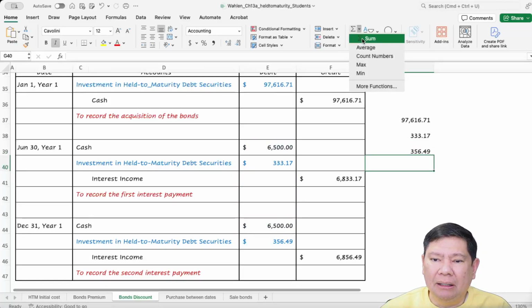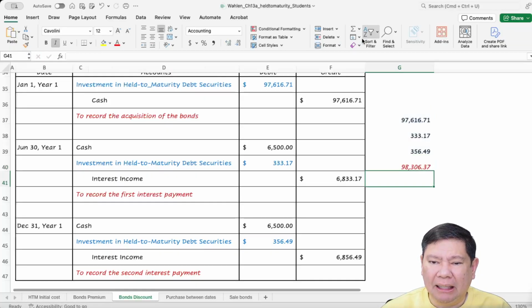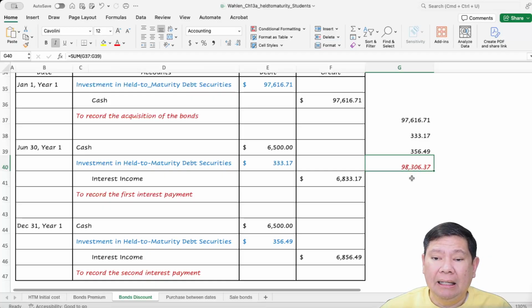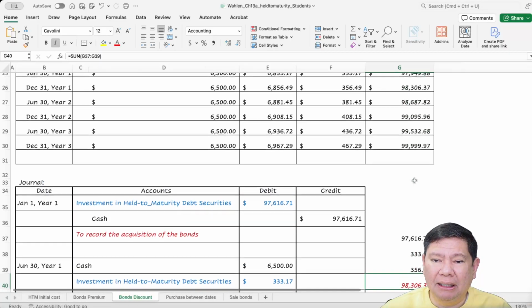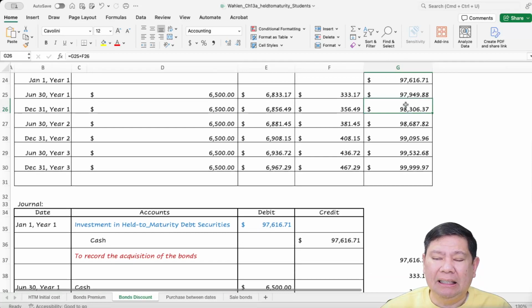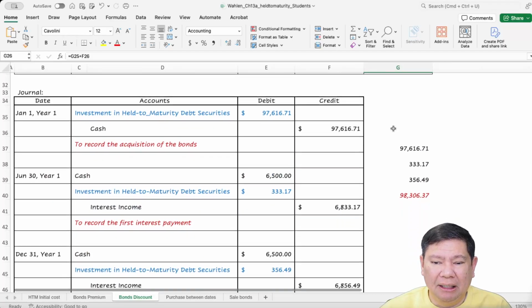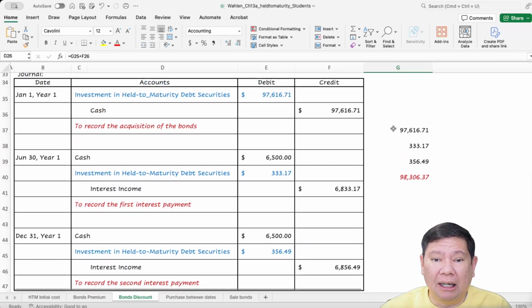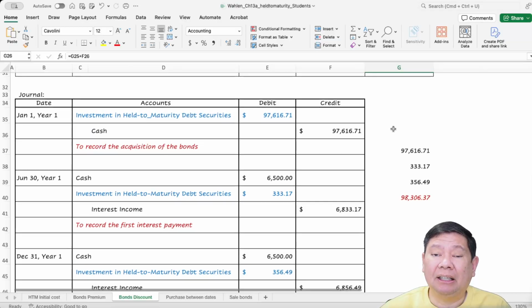If you add those numbers at the end of year 1, okay, the amortized value of the bonds or the investment is 98,306.37, which is this amount here. Okay, so the bonds will always be reported at the amortized value for held to maturity securities.